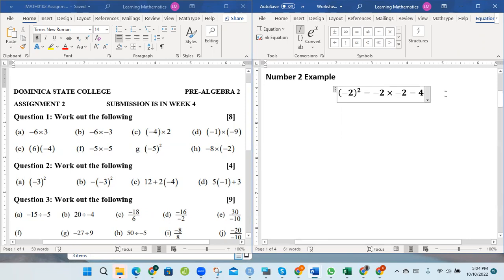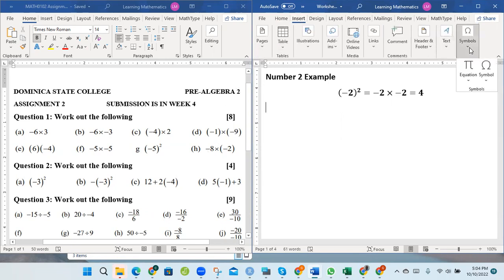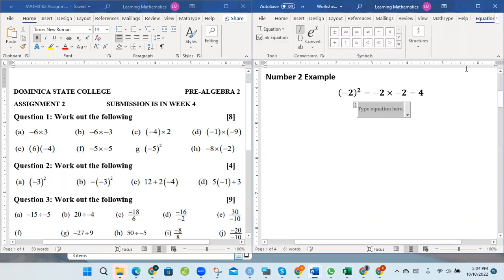Let's do an example like B. You have a negative outside of a -3 squared. So let's see what's going on there. Let's say you have a negative outside of a -7 squared.